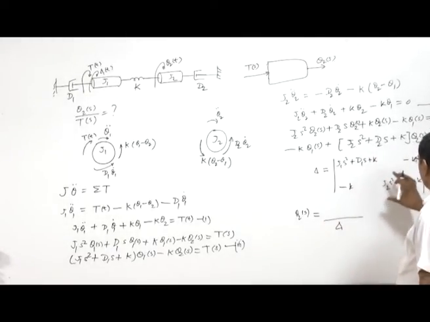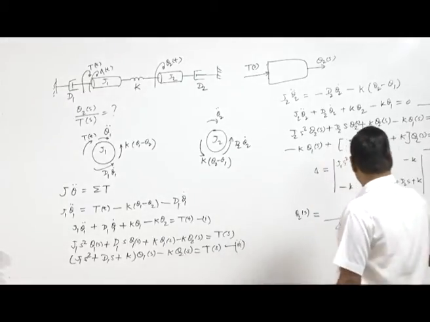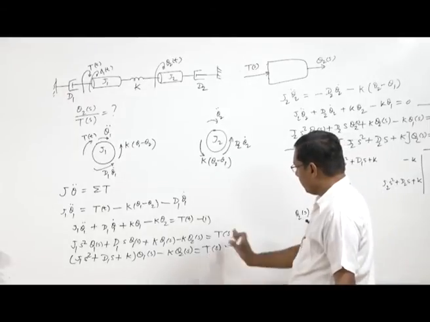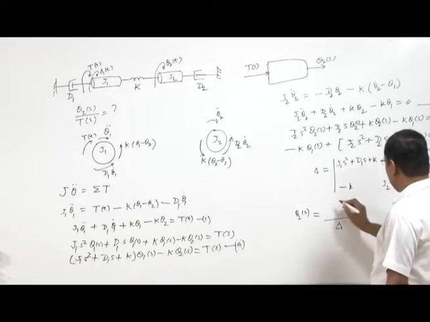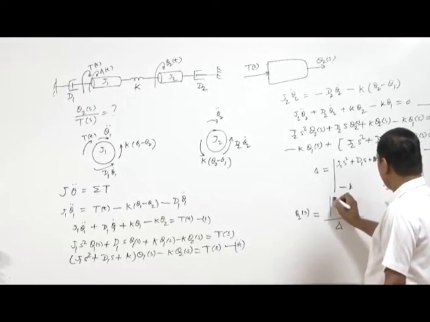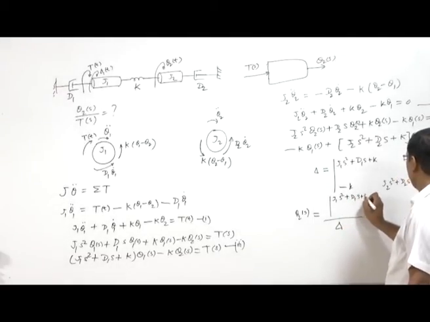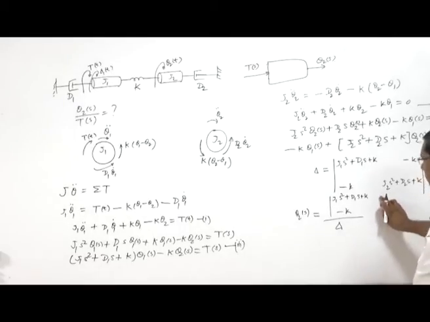In the numerator, the column on the right side, that is T s and 0, replaces one column: J1 s square plus D1 s plus K, minus K, and T s and 0.